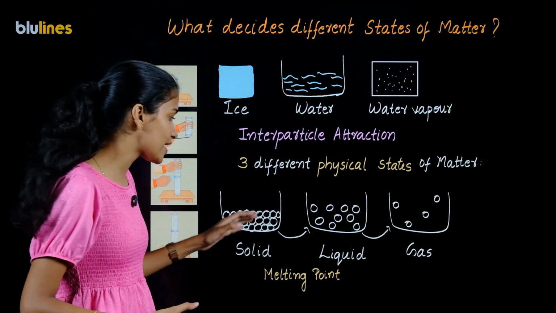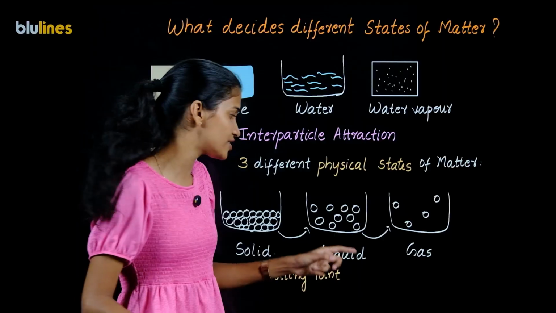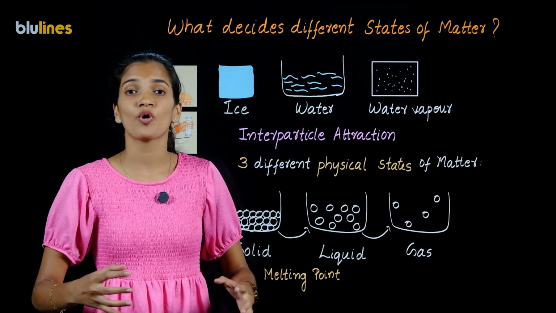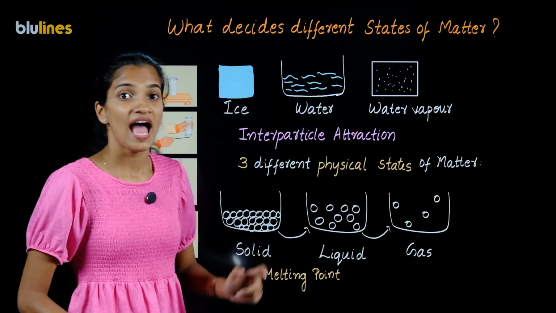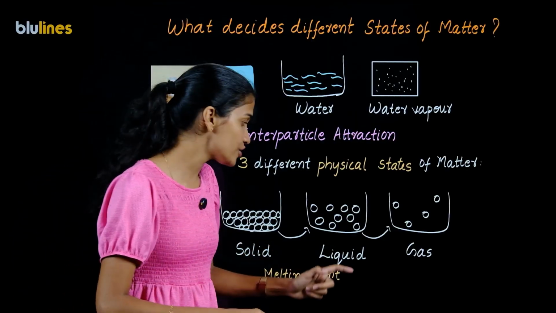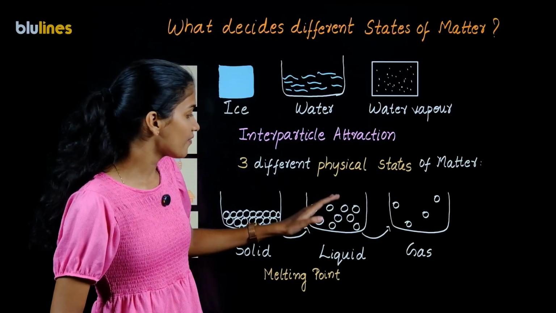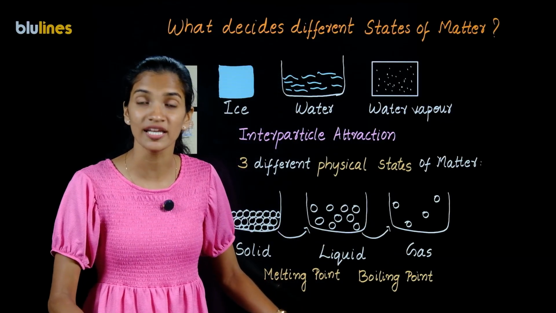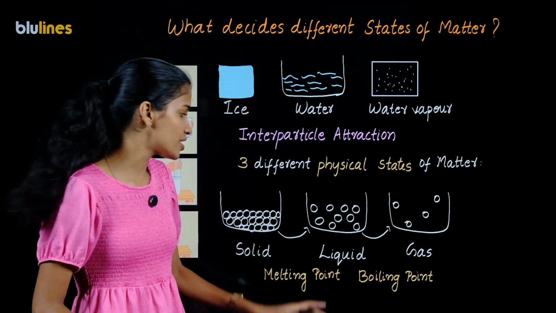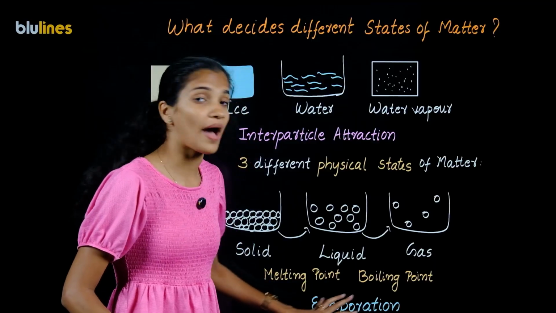Again, as in the case of solid, if I am supplying a certain amount of thermal energy or heat energy to these liquids, it is possible for them to move vigorously around the container, and that leads to the transformation of liquids to gases, and the temperature at which the liquids get transformed into gases is known as the boiling point, and the process in which the liquids get converted to gases is known as evaporation.